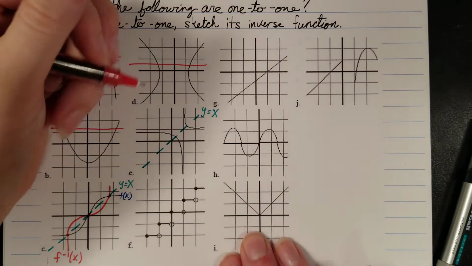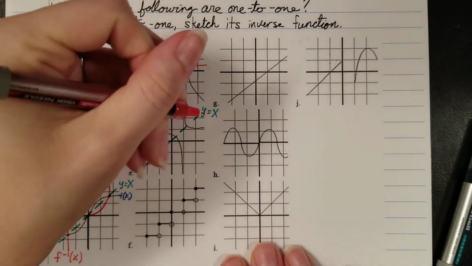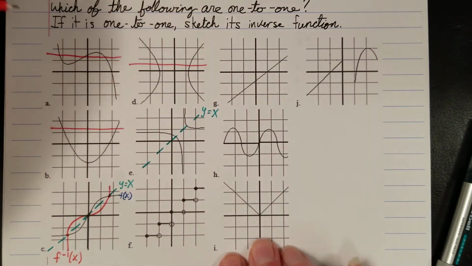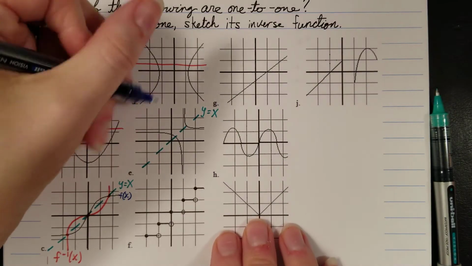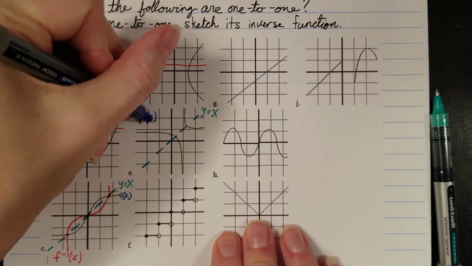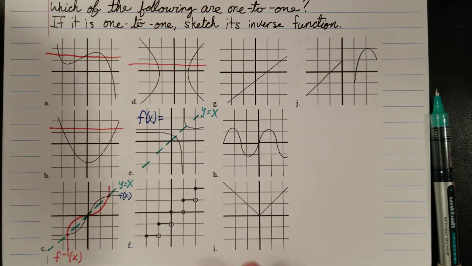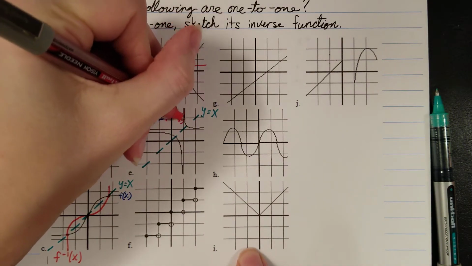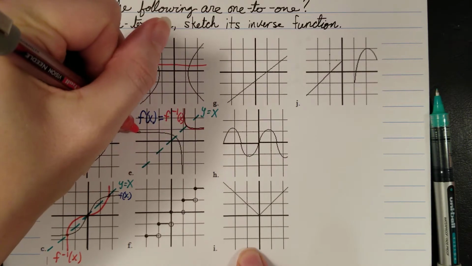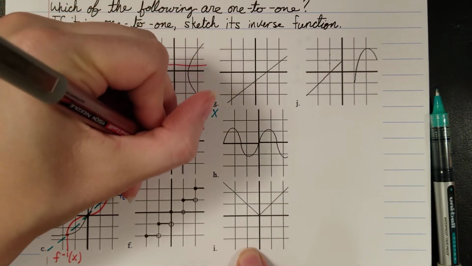So in this case, the function is equal to its inverse. f of x is equal to f inverse of x, so it's the same exact function. It's the same exact graph.